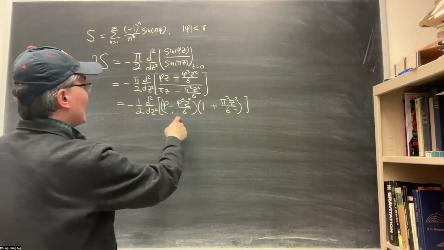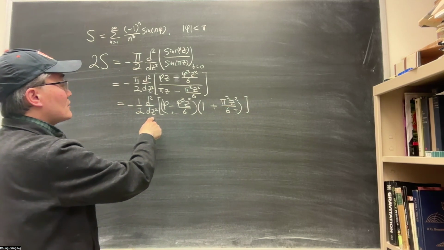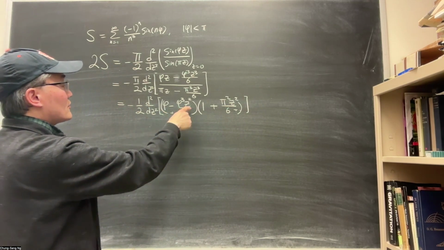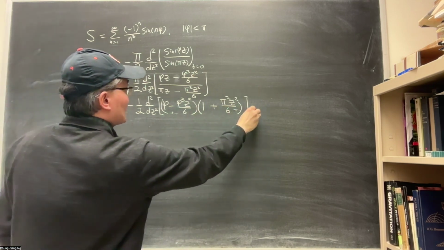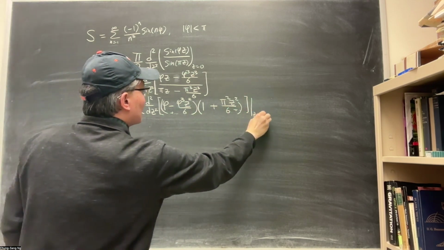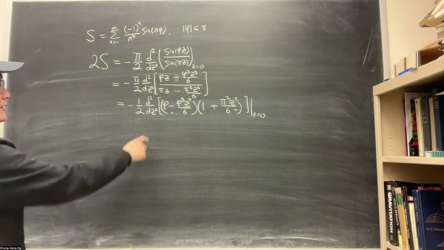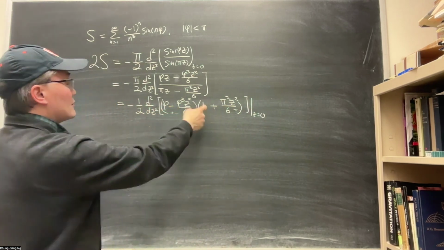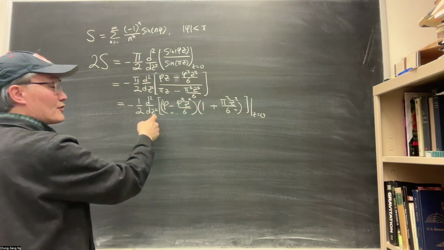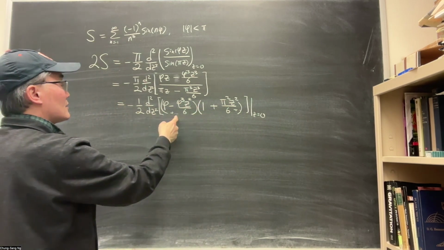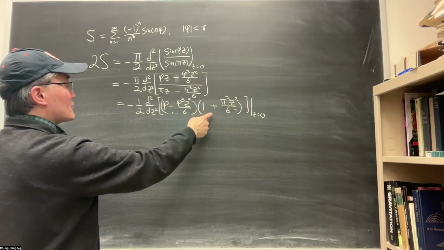All right, and now you take the second derivative. Basically only the z squared term survives. All other terms after you set z equals 0 will be 0, and the zero order term, the constant term, after taking the derivative is 0 also. So you just collect the z squared term.